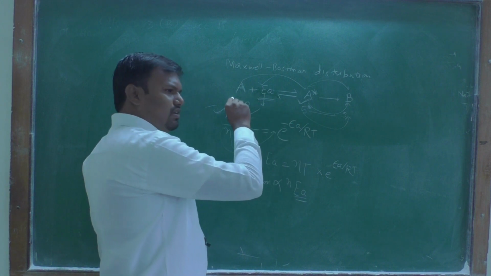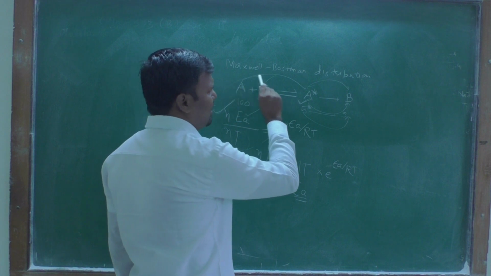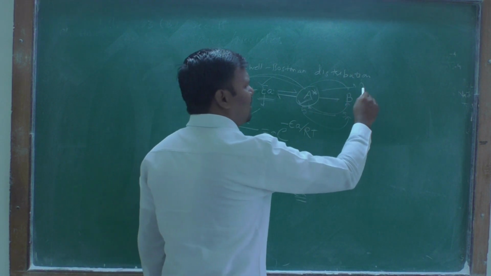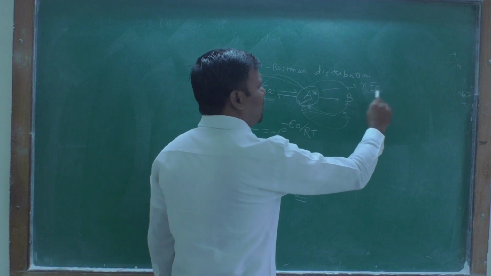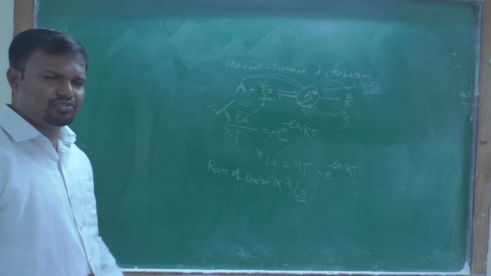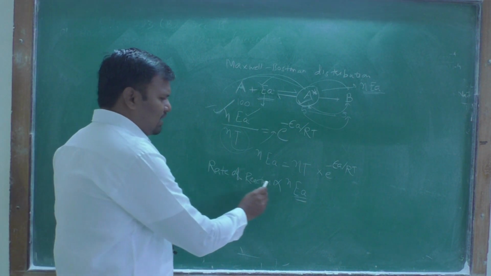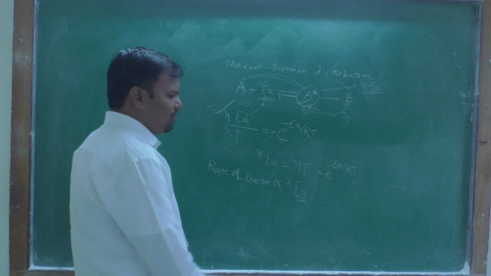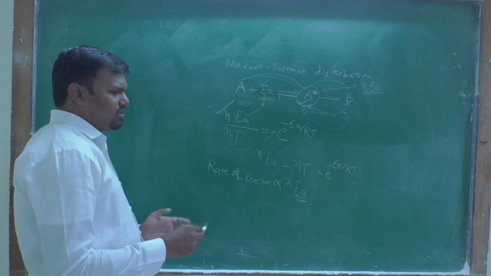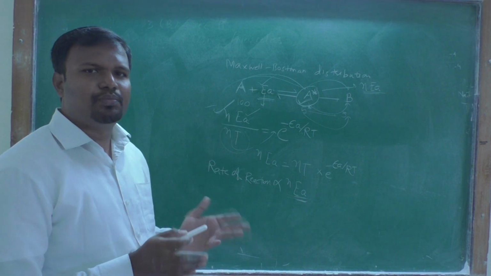Therefore, the rate of reaction is directly proportional to the number of activated molecules, N_A. That is concentration, the number of molecules. Activated reactant only gives the product. Deactivated or non-activated reactant does not give the product.